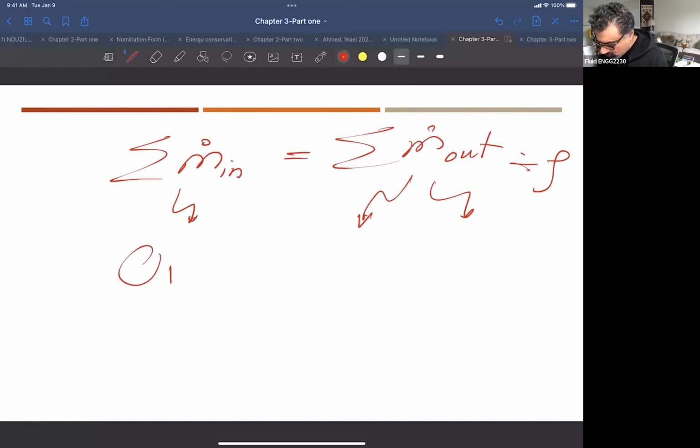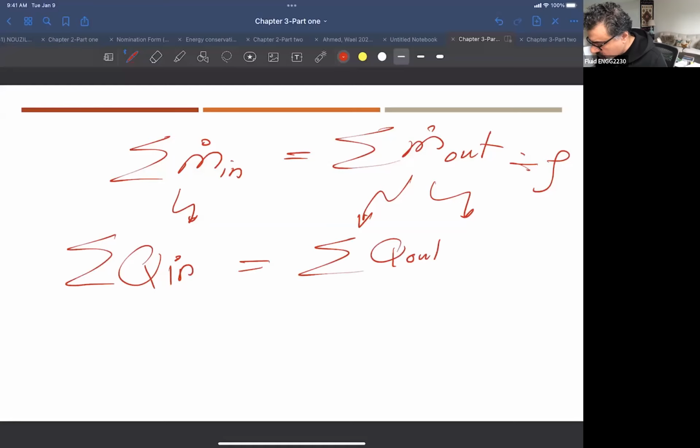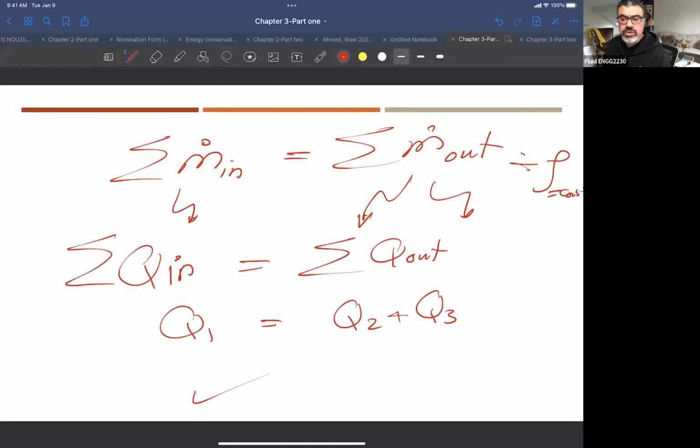So it's going to be Q in is equal to Q out. Why? Because density is constant. Okay, so Q out here will be Q2 plus Q3, and Q in here is only Q1. And you can actually do the rest because it's very simple, just substitution.